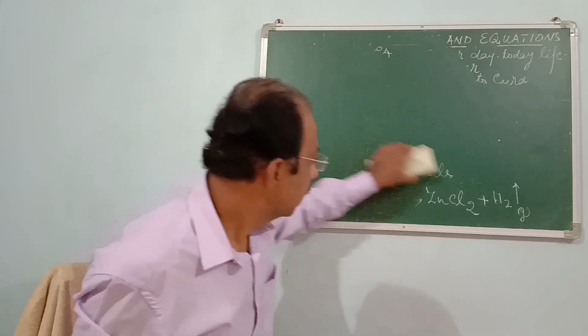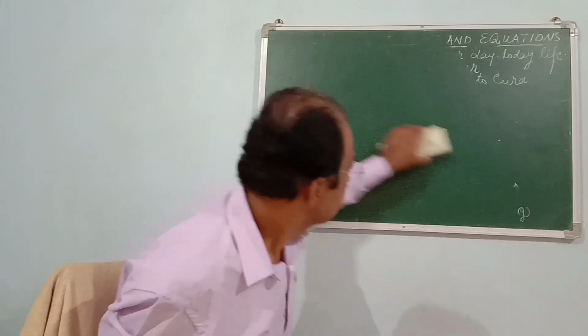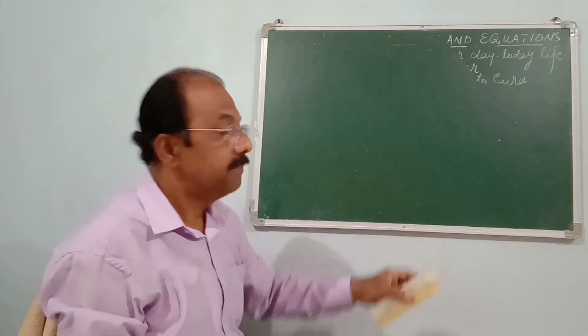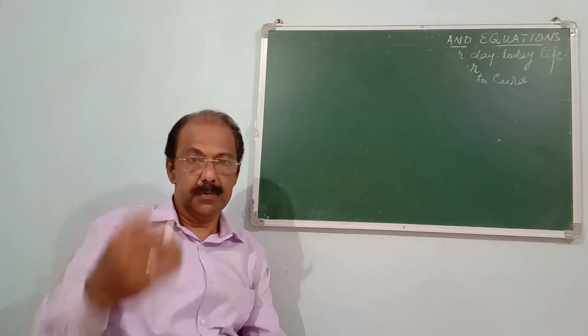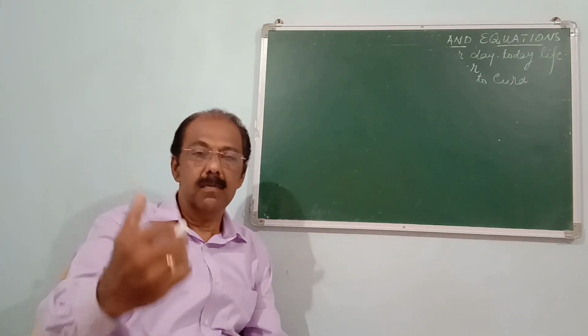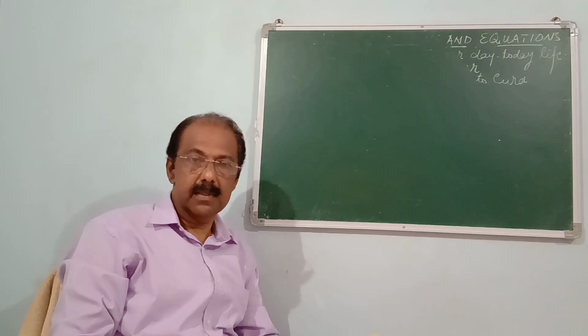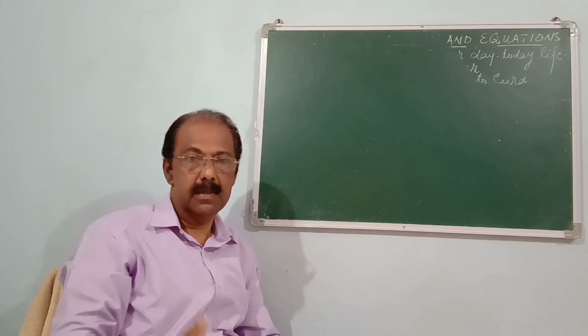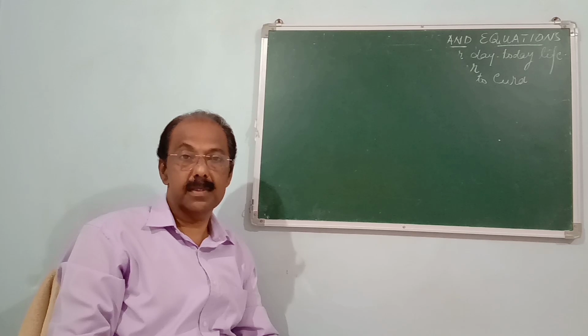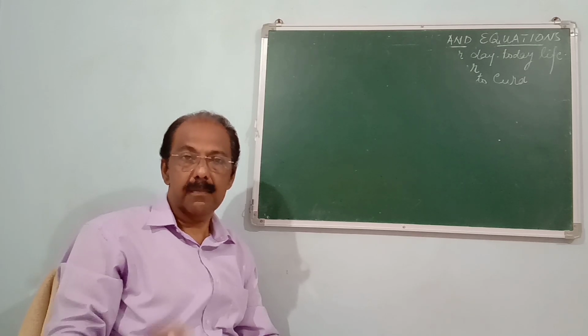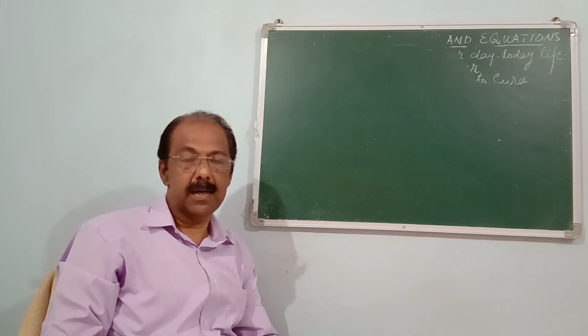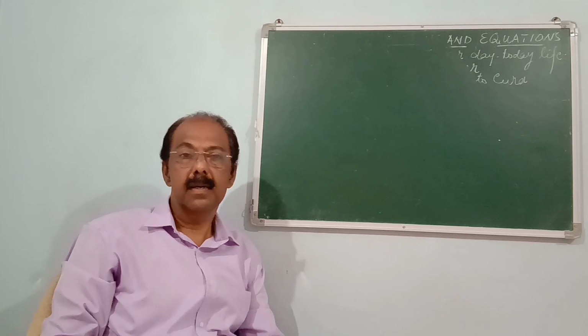Now we come to see what are some of the observations at the end of these 3 different activities given to us. We see that there are 4 observations by which we can understand that a chemical reaction has already taken place.